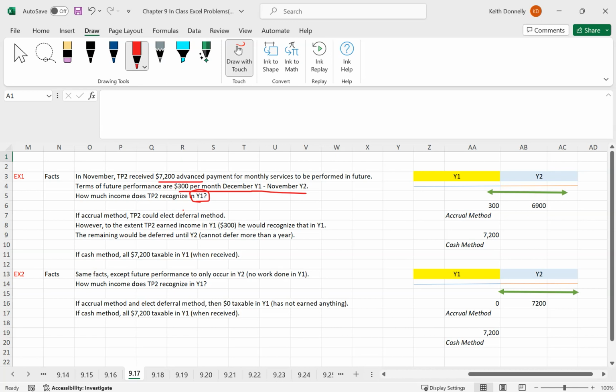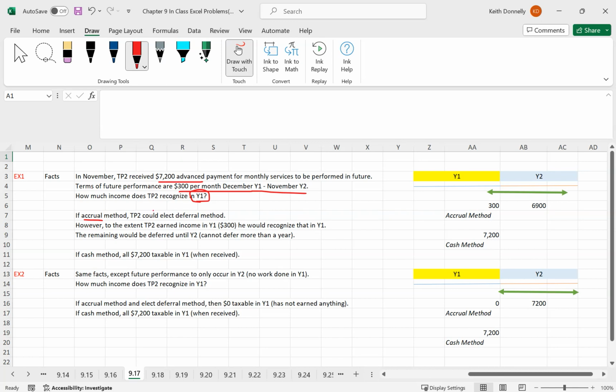One of the things with this is if we're an accrual method taxpayer, even though we got the money here, we can use the deferral method to punt it into next year. But the exception, if we use the deferral method, is to the extent we earn it in the current year, we have to include it.